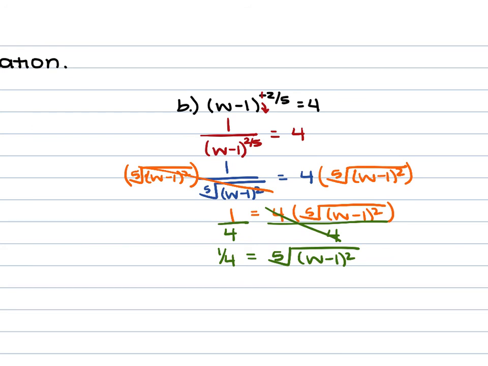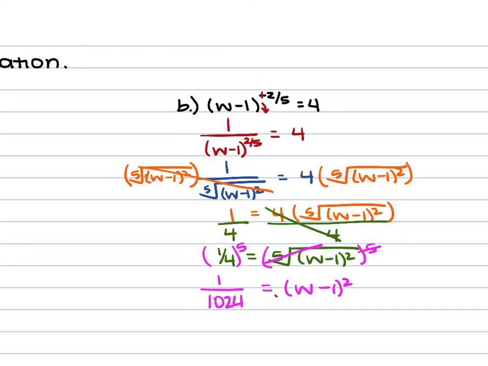In order to cancel out that radical, we need to raise each side to the power of its index, which is 5. Those 5s cancel out. We have 1/4 to the 5th power. That 4 to the 5th power is 1024, so that's 1 over 1024 is equal to (w - 1) squared.